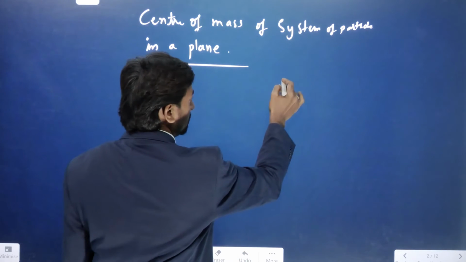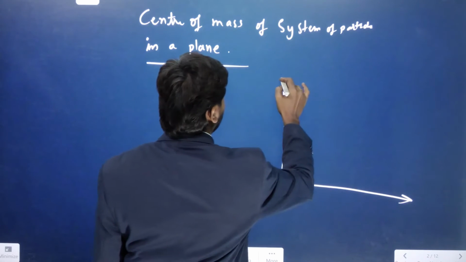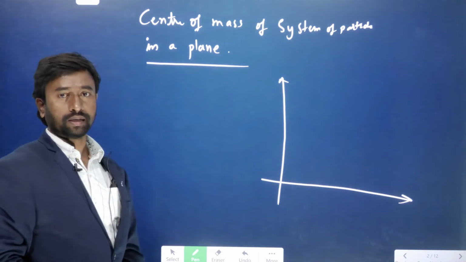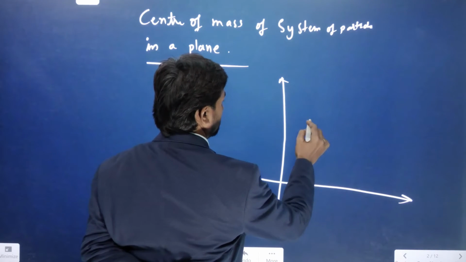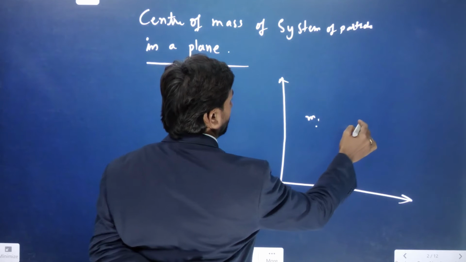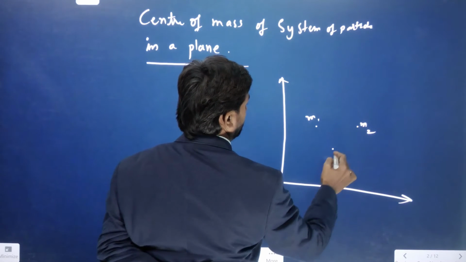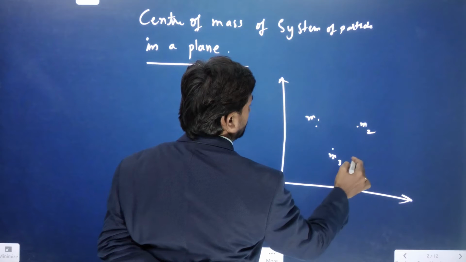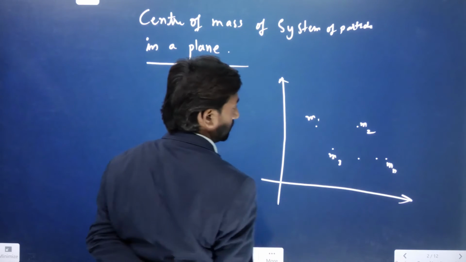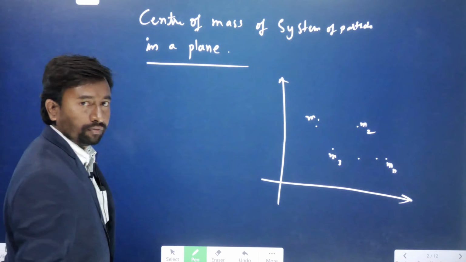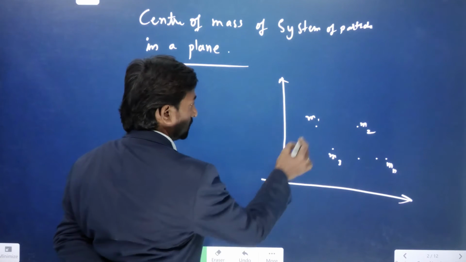Suppose this is the y-axis and this is the x-axis. Suppose there are n number of particles. Let us consider this as mass m1, here mass m2, and here mass m3, and so on up to mn, the n number of particles distributed here. From the origin, each has a position vector.